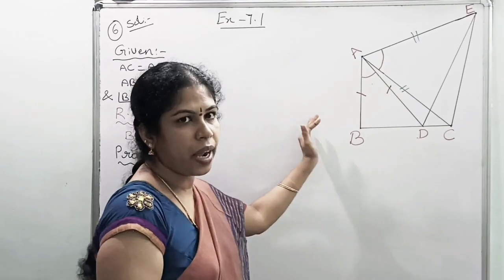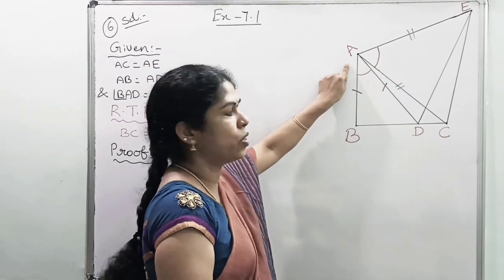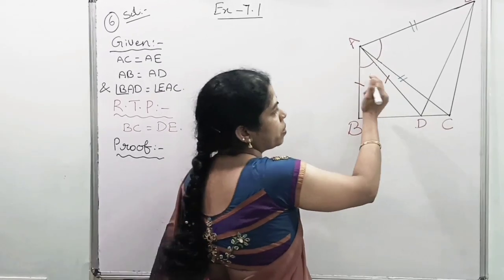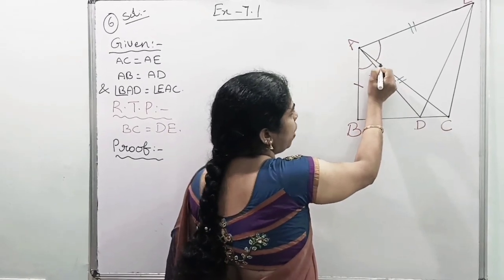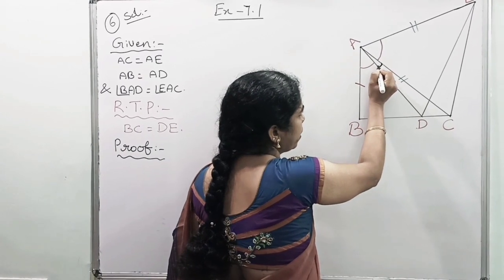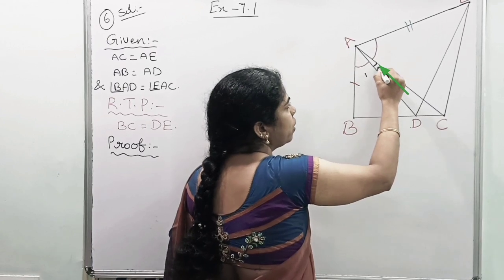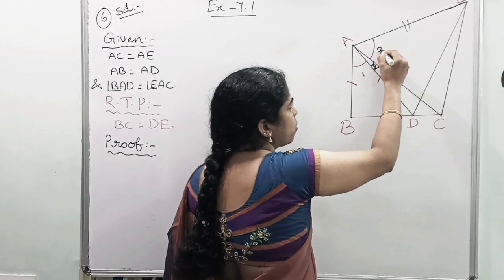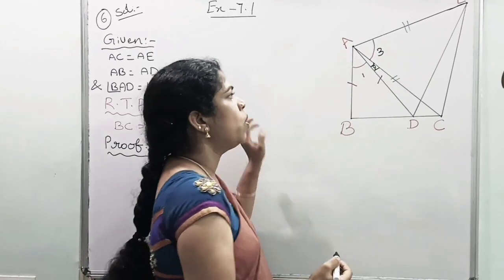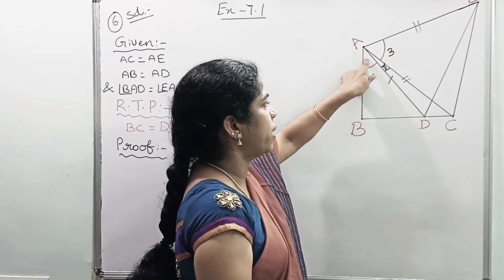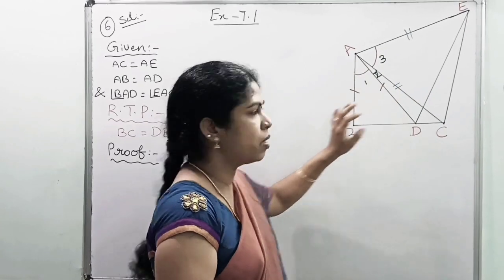BC and DE are sides of the triangles ABC and ADE. But for both the triangles, the angle A is not completely given. A small part is missing. So we need to add this part also to get the complete angle. Let us consider this part as 1, this one as 2, this one as 3. So let us add this angle 2 which is missing from angle A in both the triangles.